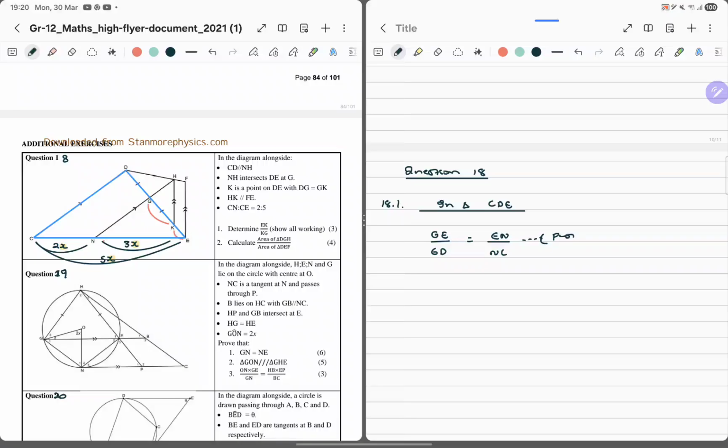This is the proportionality theorem with NG parallel to CD. Okay, that's the first thing we're going to do.